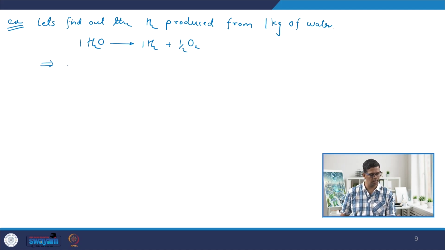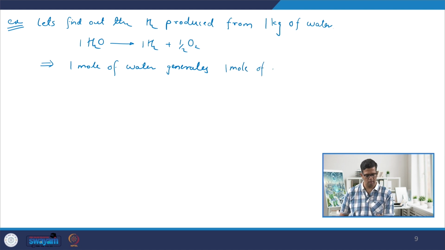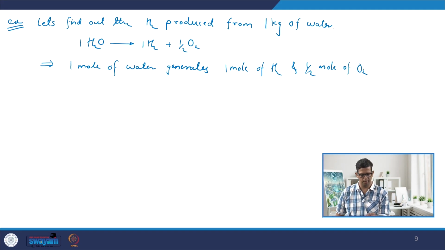So that implies 1 mole of water generates 1 mole of hydrogen and half mole of oxygen.